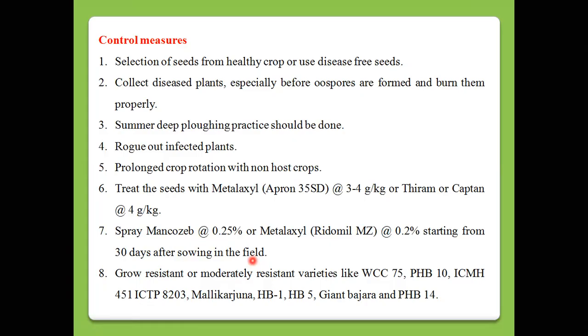Besides these management points, you can consider resistant varieties, meaning grow resistant or moderately resistant varieties like Mallika Arjun, Jain Bajra, PHB 14, PHB 10, ICMH, ICTP 8203 or WCC 75.